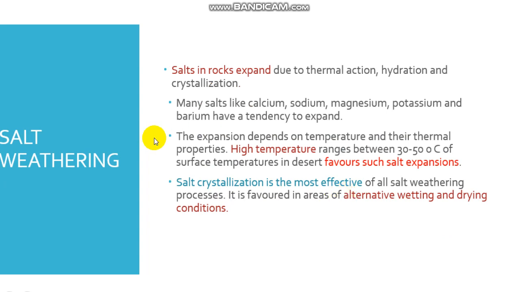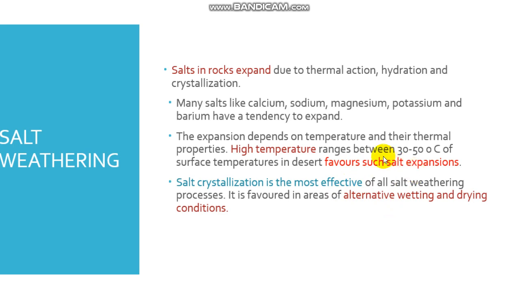Then there is salt weathering. Rocks have different materials in them. They have different salts. Just as different materials expand and contract, the salts also respond to temperature changes, and a high temperature between 30 to 50 degrees Celsius favors such salt expansion, and salt crystallization is the most effective of all salt weathering processes.